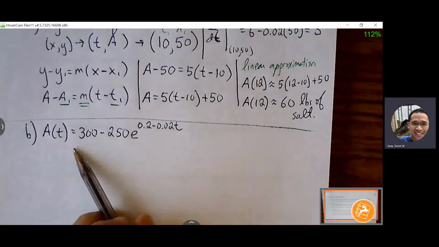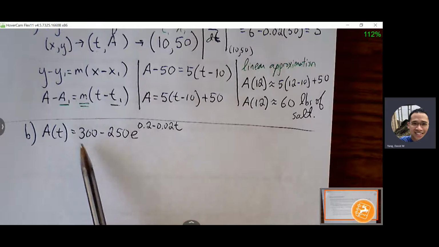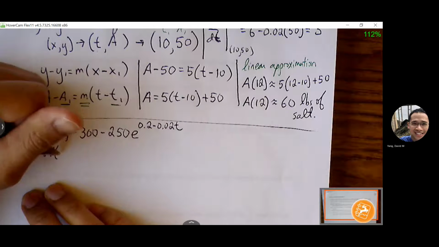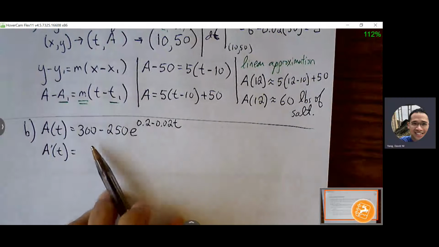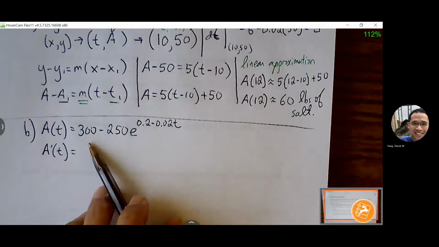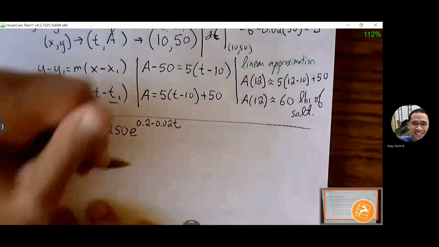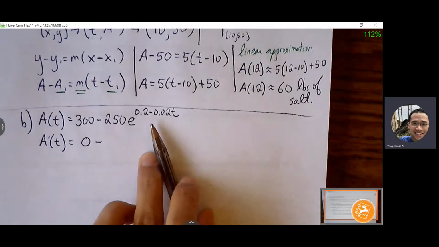dA dt is A prime, so I'm just going to go ahead and find A prime. To find A prime, let's see. 300 becomes, what's the derivative of 300? Just 0. Okay. And then here I have e to the u, right?